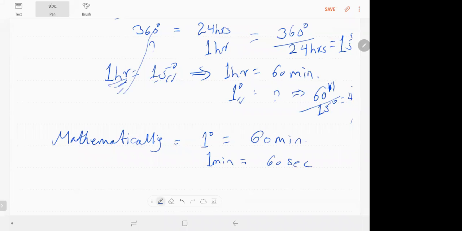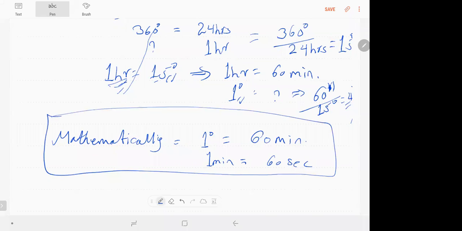This is mathematically, but here we say in rotation, 1 degree of the Earth in rotation needs 4 minutes. It's not equivalent to, okay? It's not mathematical equivalent. 1 degree needs 4 minutes, and for an hour, 15 degree. Clear? So this one is the mathematical equivalent.